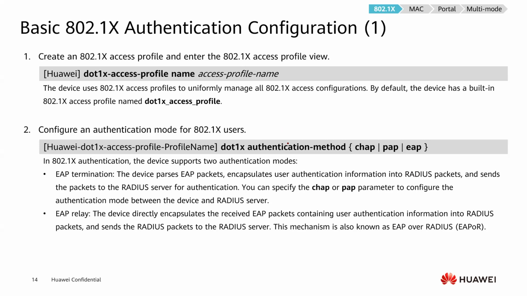And I think the unified mode configuration is much simpler, because different authentication technologies use the same kind of process to do the configuration. So let's introduce the configuration. For the unified mode configuration of authentication, there are 3 steps. The first step is to create the access profile for the different authentication technologies.